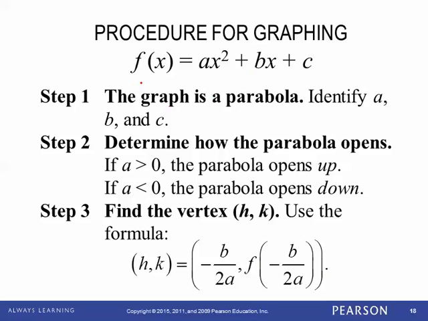And what you get out of it is something that looks like this: A times x plus B over 2A, squared, plus 4AC minus B squared over 4A. That's kind of what you get out of it if you try to solve one into the other.